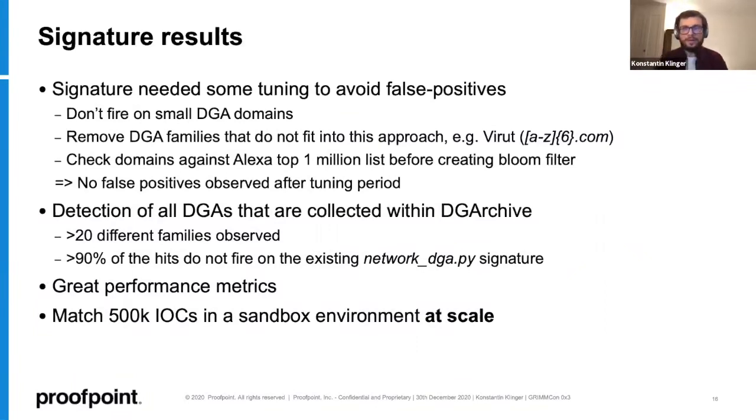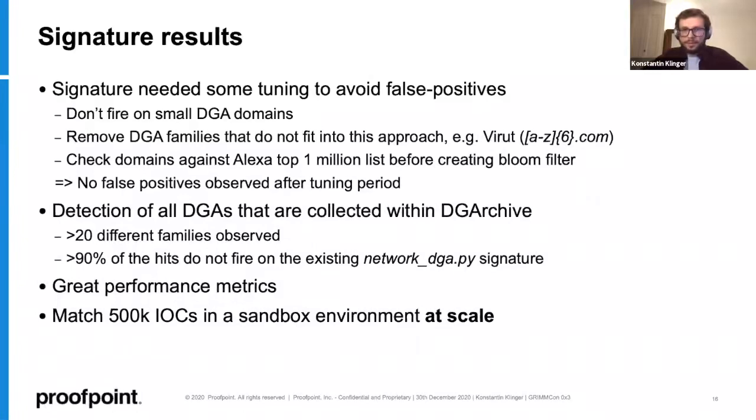Another thing to add is that we have great performance metrics. Even though the second lookup against the dictionary is really slow and we can't use a microservice at the moment, it's really quick. You can match 500 IOCs in a sandbox environment at scale.